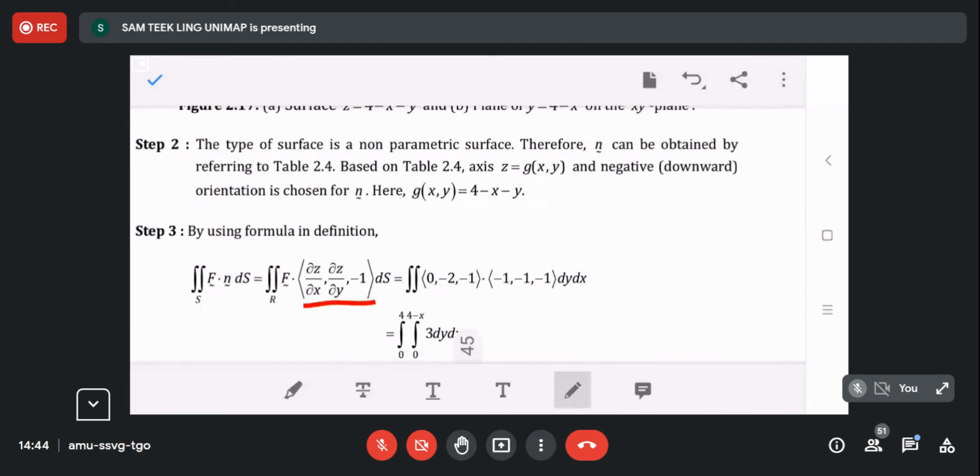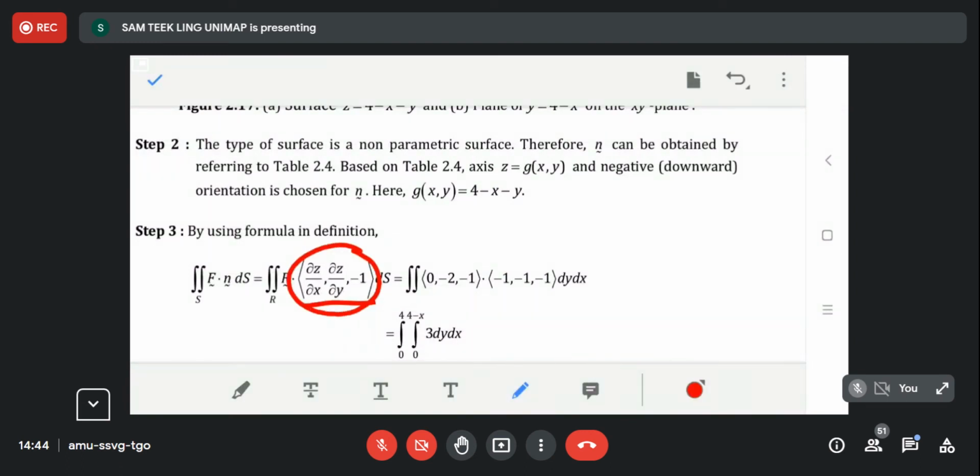So we will use this one: del z del x i plus del z del y j minus k. Now we differentiate our z with respect to x.